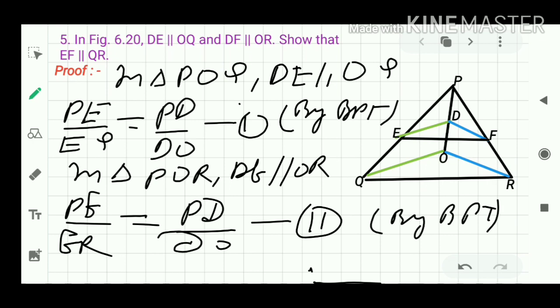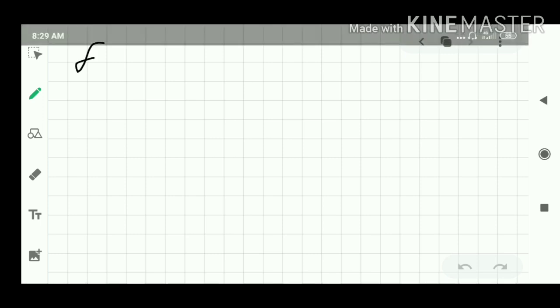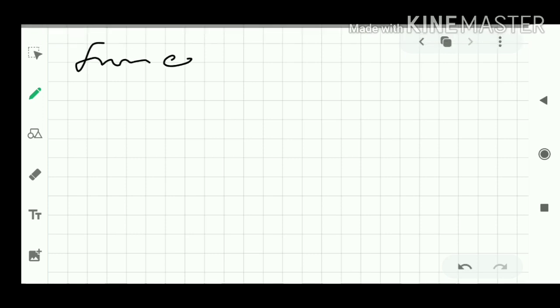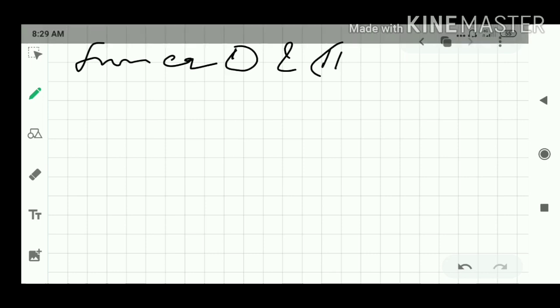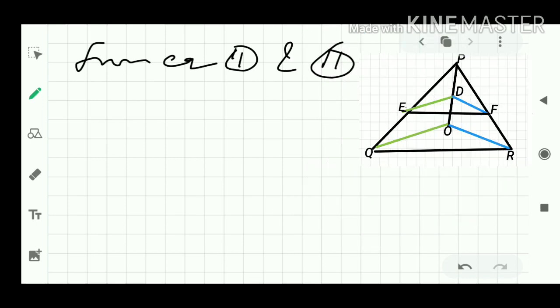So clearly we again see that in equation 1 and equation 2 RHS are equal. Therefore LHS must be equal. So write from equation 1 and 2, LHS must be equal.